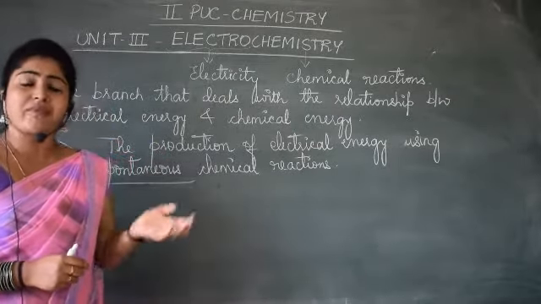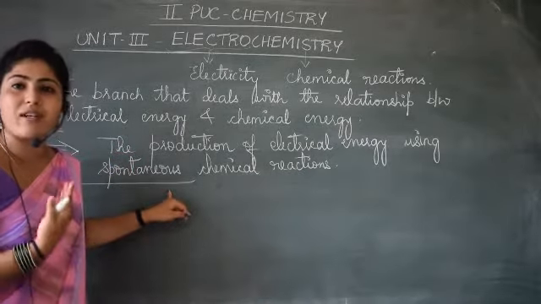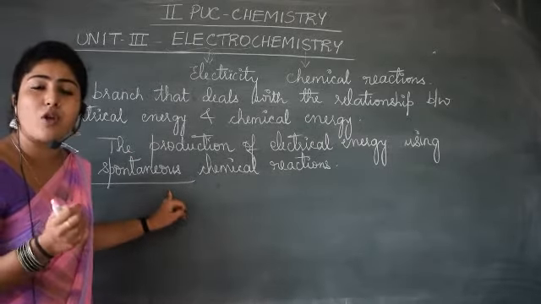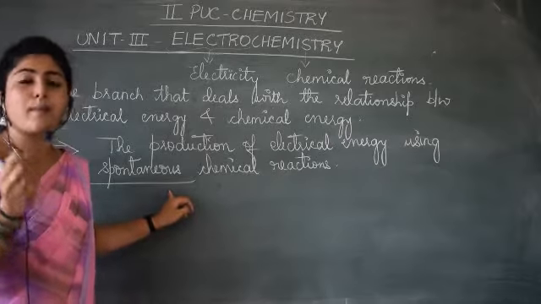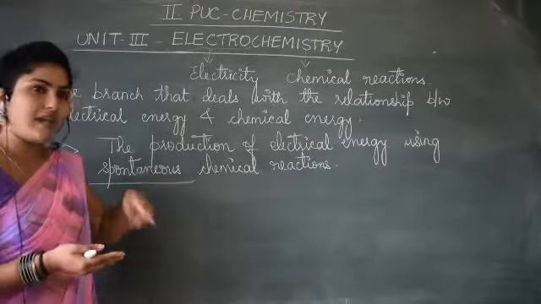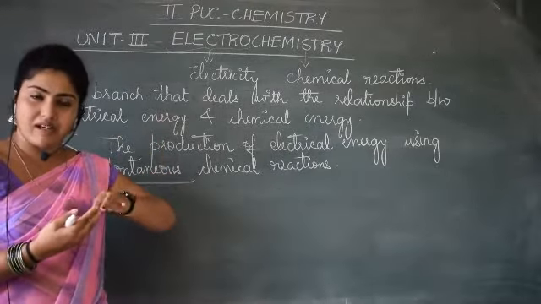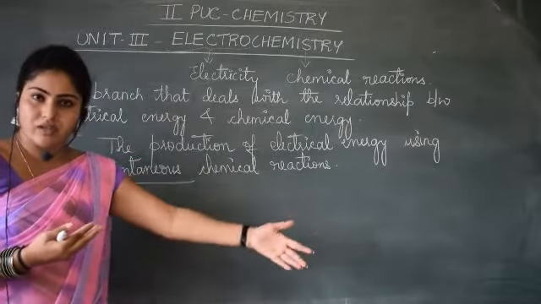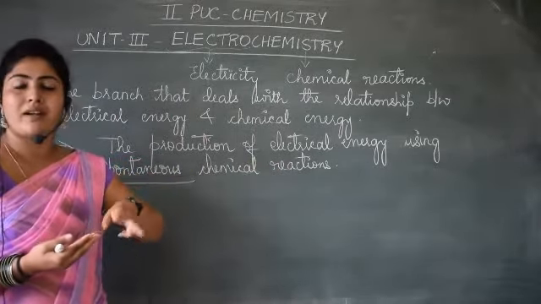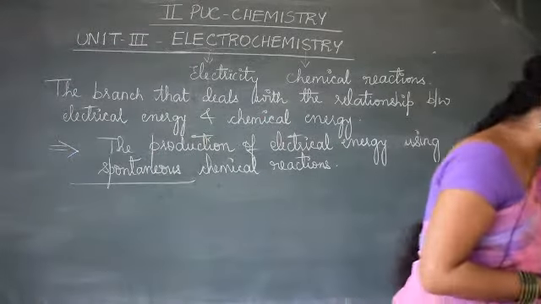One more way: suppose the reaction is not spontaneous. If the reaction is not spontaneous, we call such reactions non-spontaneous reactions. These non-spontaneous reactions can be brought about by using electrical energy also. So you understand, there is interconversion of energy: chemical energy converting into electrical energy, and using electrical energy, you can also carry on chemical processes or chemical reactions. That is what I mean to say now.